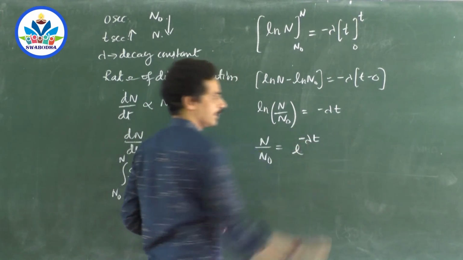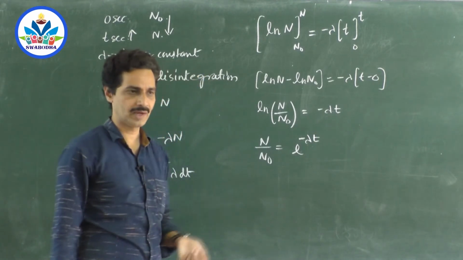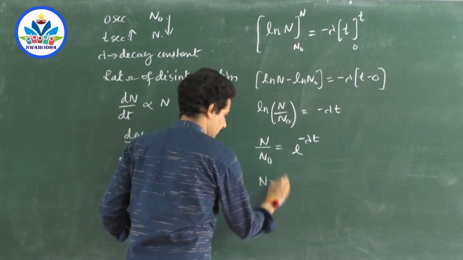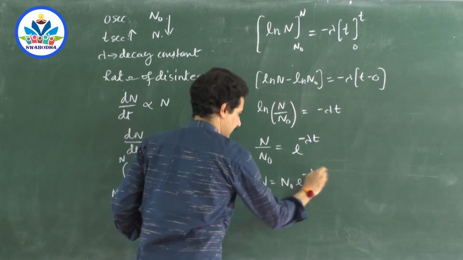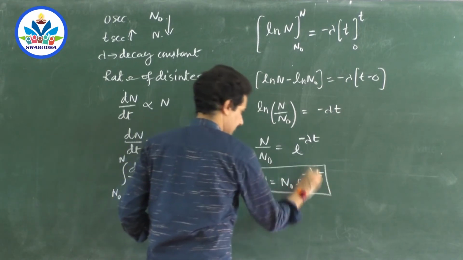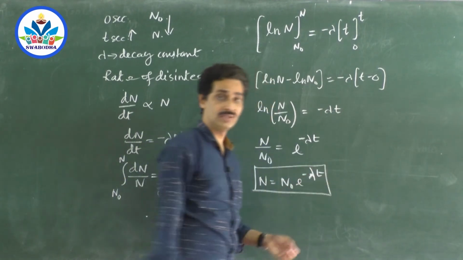So e to the power is a mathematical function. That is the way in which you write it. We will complete this first: N is equal to N naught e to the power minus lambda t.